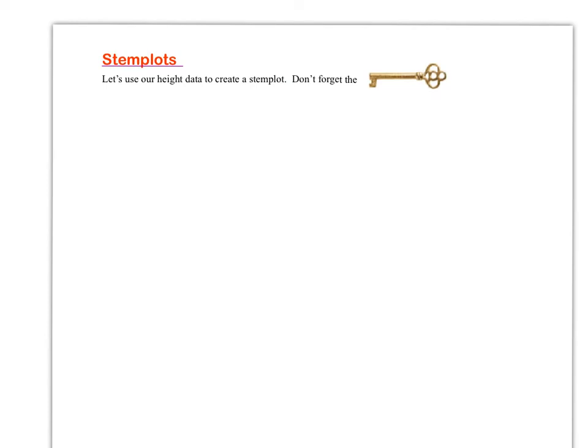Next, we're going to create a stem plot, and we're going to use our height data in our class data to create the stem plot. So the first thing that we need to do is figure out what our minimum value is, and our minimum value is 156 centimeters. Our maximum value in the data is 201 centimeters.